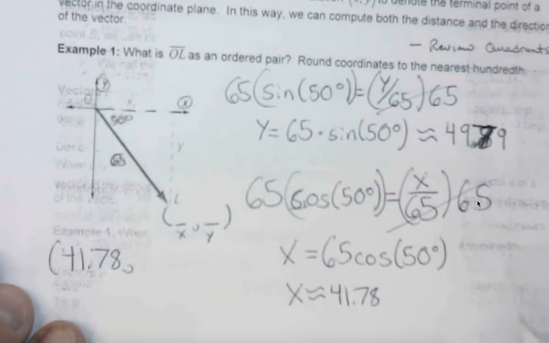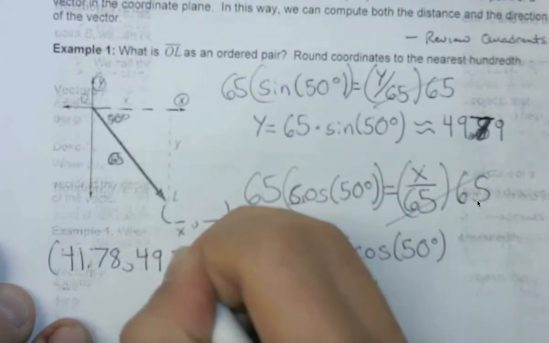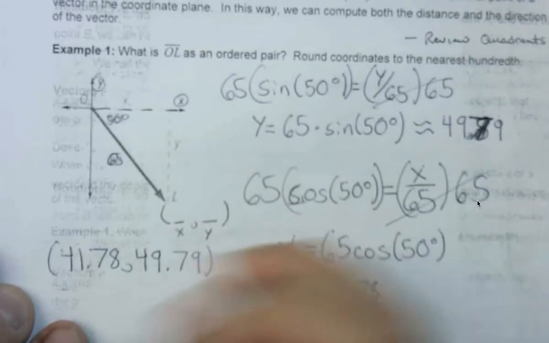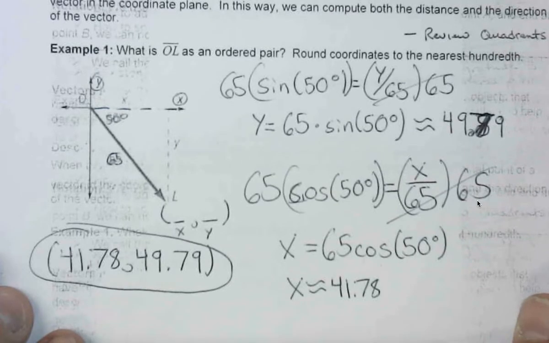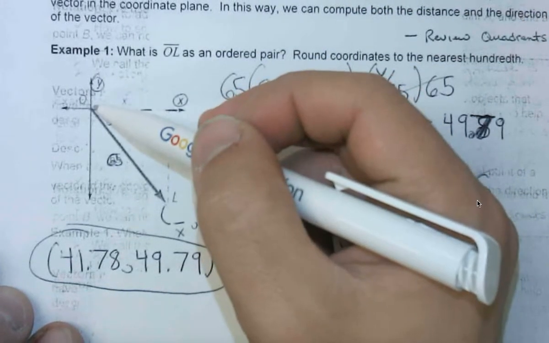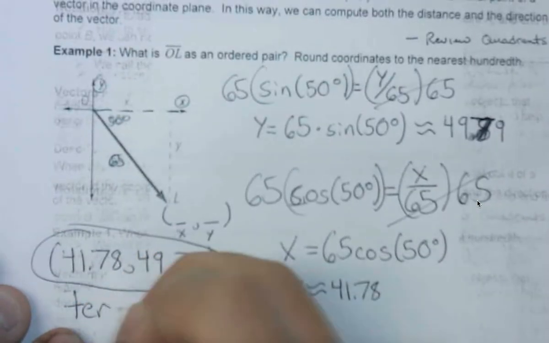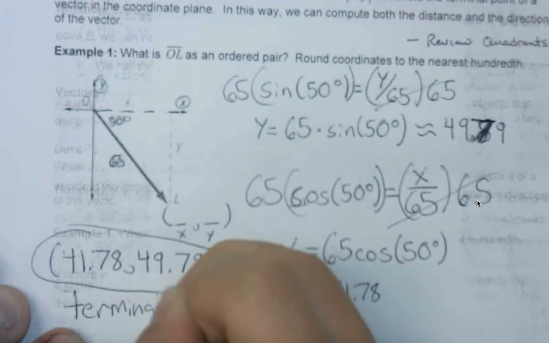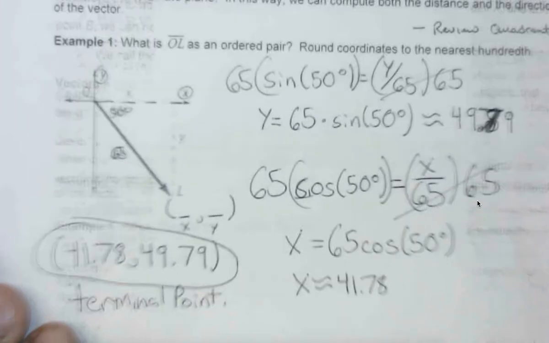And our y-coordinate was approximately 49.79. So that'll work for this vector. So this was vector OL, where our initial point was the origin, and our terminal point, so here's that vocab, terminal point, was that answer that we just found. Pretty cool.